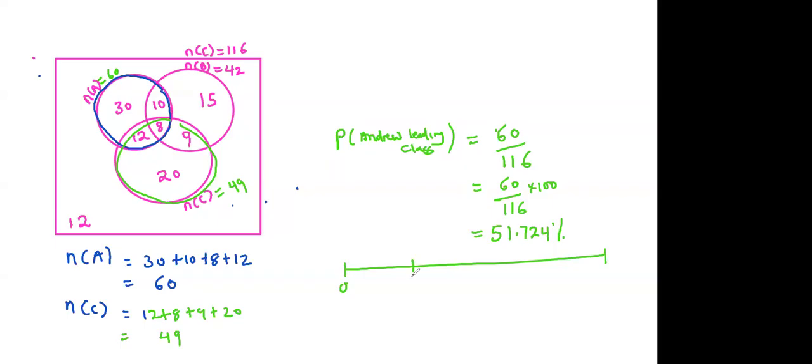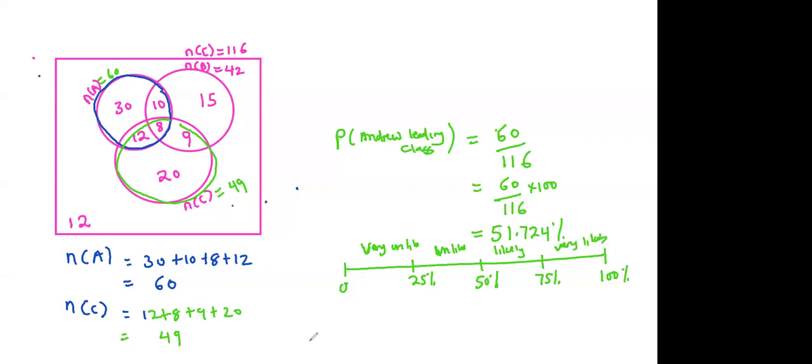Then you go back to your probability scale. We say this is 0, this is 25%, this is 50%, this is 75%, and this is 100%. Your interpretation should be based on this. Remember, this one is very unlikely, this one is unlikely, here it is either unlikely or likely, and here it is very likely.